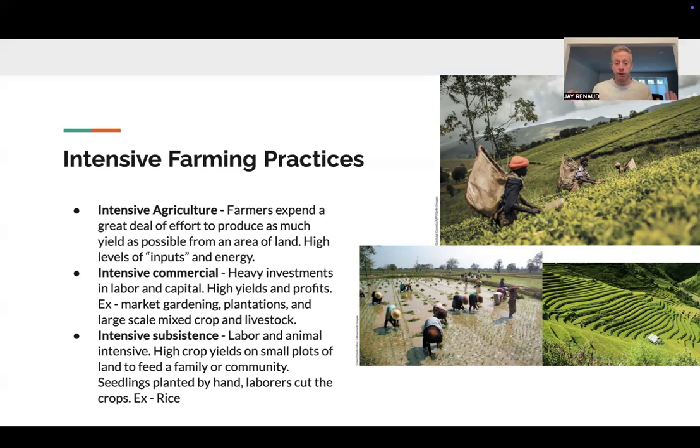We're going to make a profit and be able to sell the things that we are growing or the animals that we're raising. Intensive subsistence is typically going to be some real hard labor, animal intensive, growing just enough food to feed our families or a really small group. With intensive, it's going to be higher levels of inputs per the amount of land that we're using.